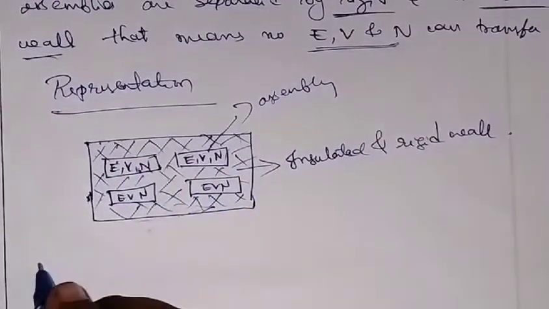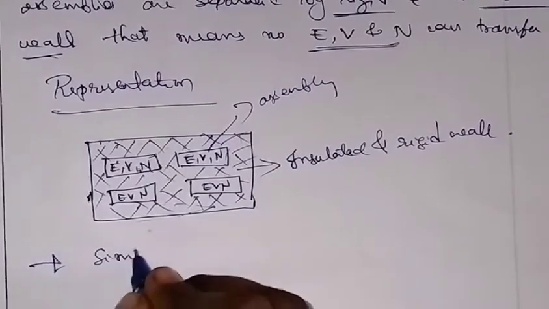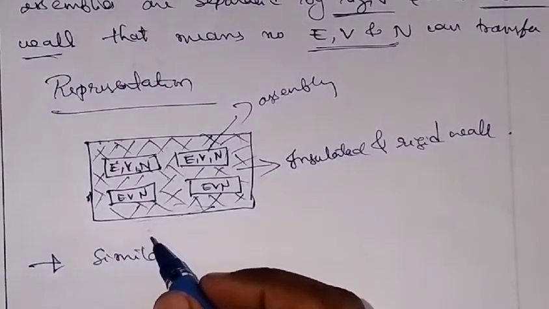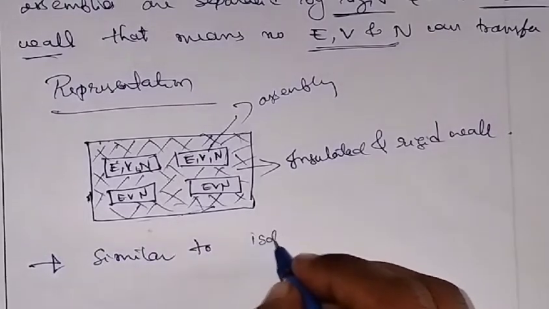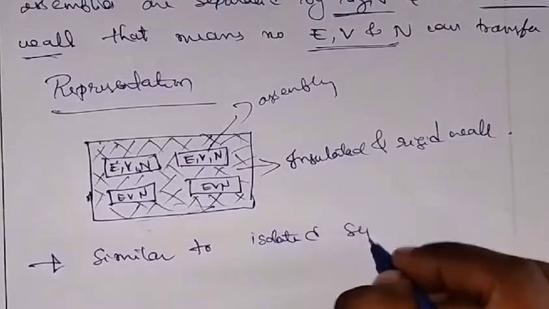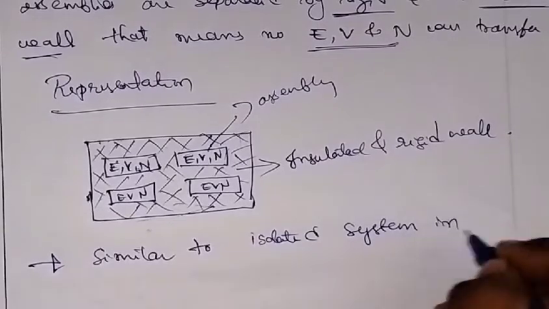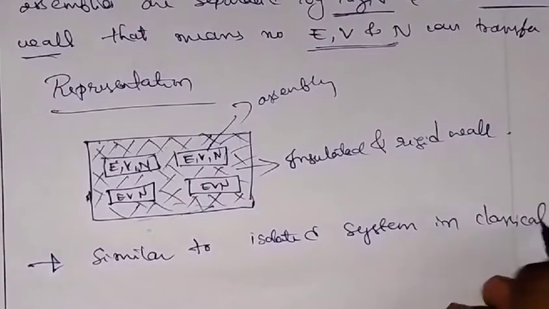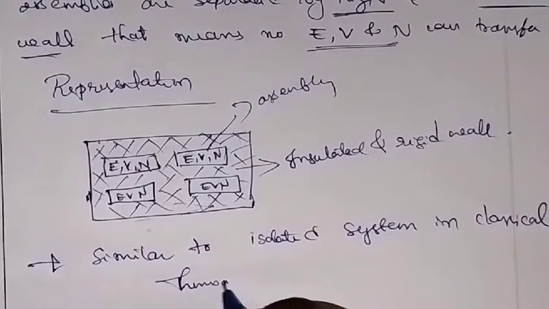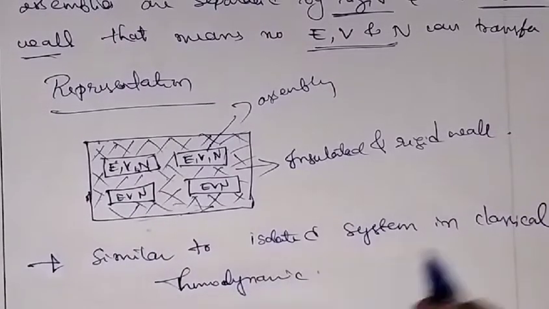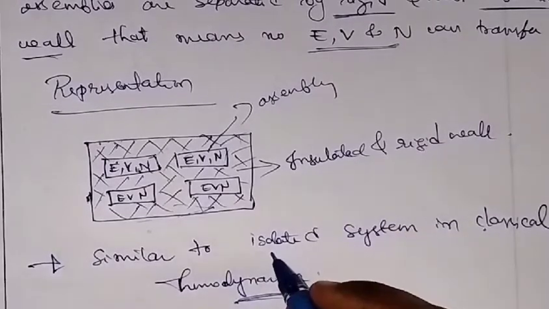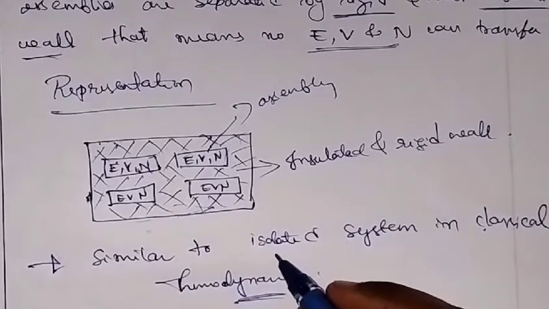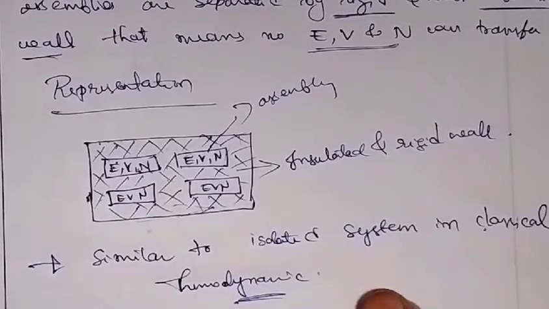So the microcanonical ensemble is similar to an isolated system in classical thermodynamics. According to classical thermodynamics, we have three different types of system: isolated system, closed system, and open system.